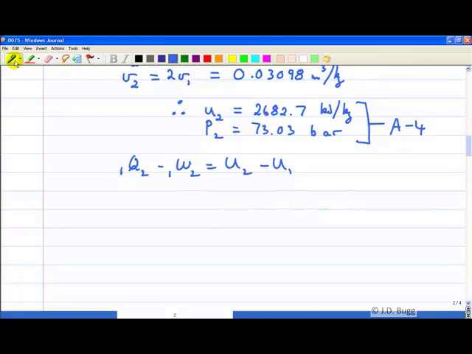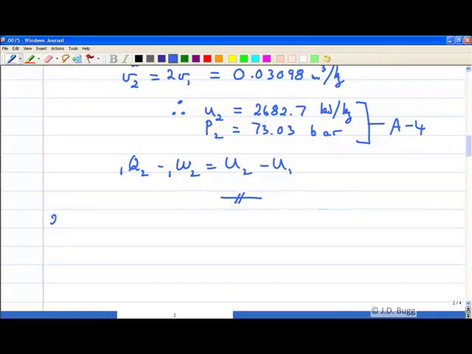So if we can go to the other two processes and figure out the work for them, then we can come back and figure this work out from the net work. So that's what we're going to do. We're going to set this aside for a moment and look at the other two processes and see if we can't calculate this work from the net work and the work in the other two processes.